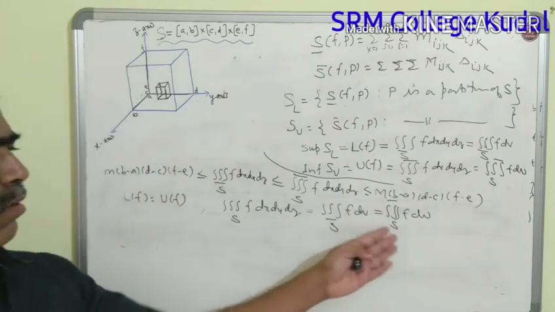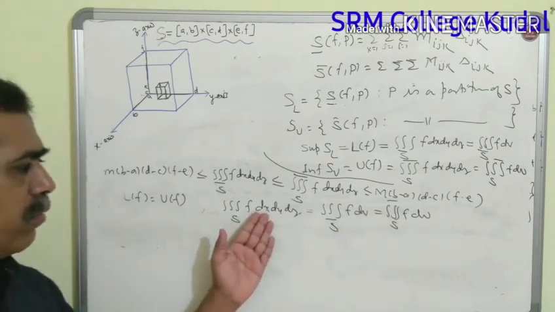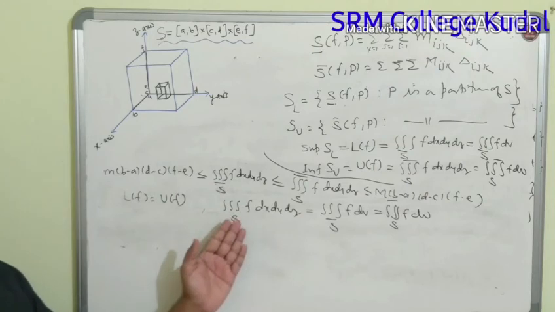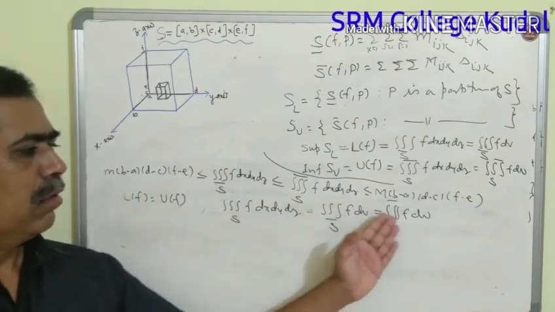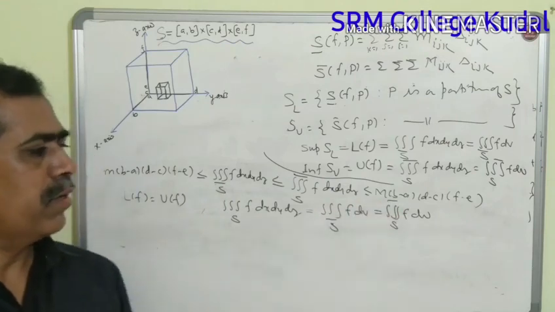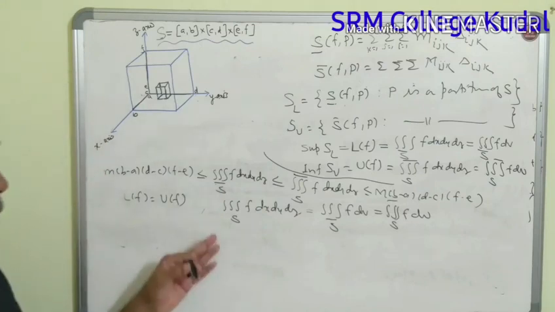I have written it in short. So the Riemann integral of a function f over a cuboid S is the common value of the lower triple integral and upper triple integral.